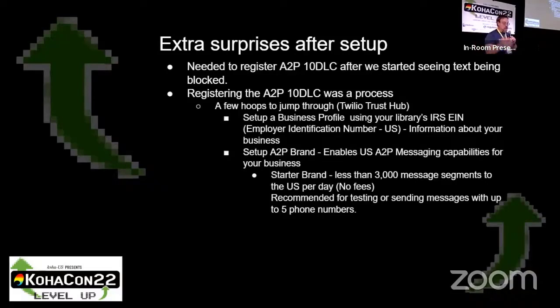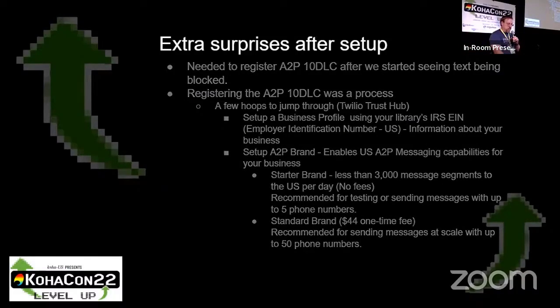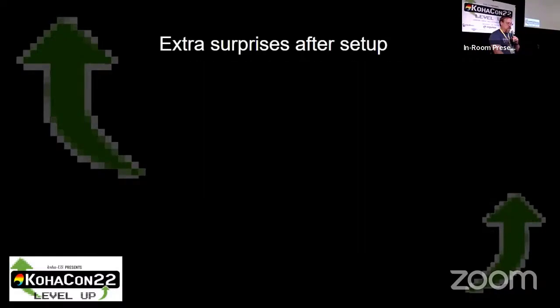But if we were sending more than that, we had to take the standard brand, which is a $44 one-time fee, and that's recommended for sending messages at scale with up to 50 phone numbers. So you had to pick one of these brands. I would have loved to have used the starter brand, but we were just sending way too many messages. So some of you, if you have fewer messages, you could go with the starter brand and avoid that $44, but that's just a one-time fee.